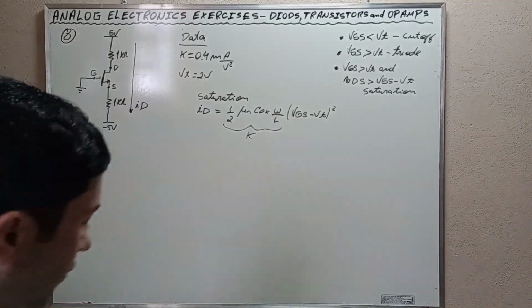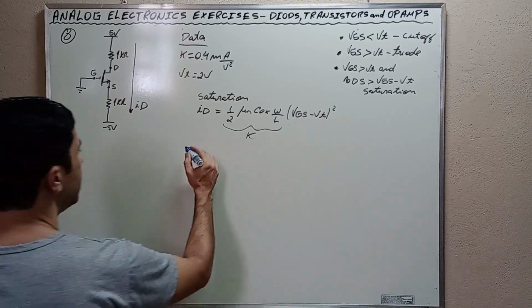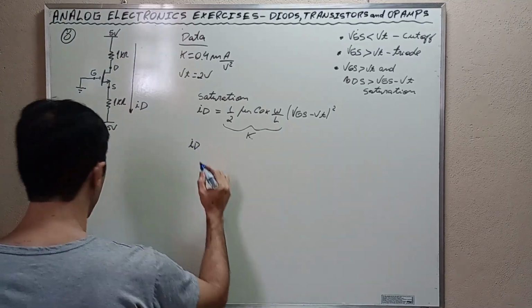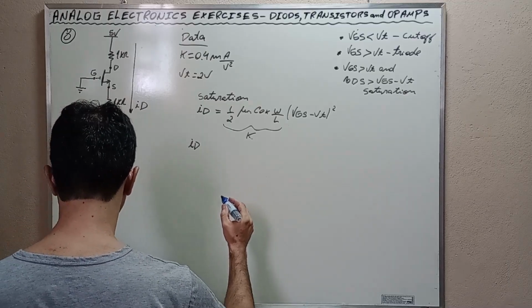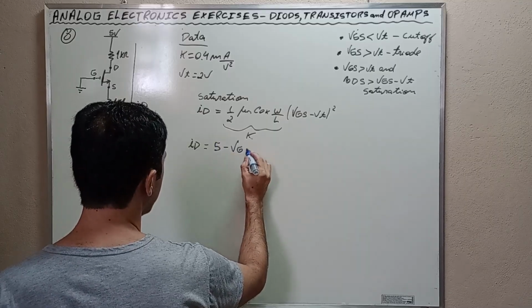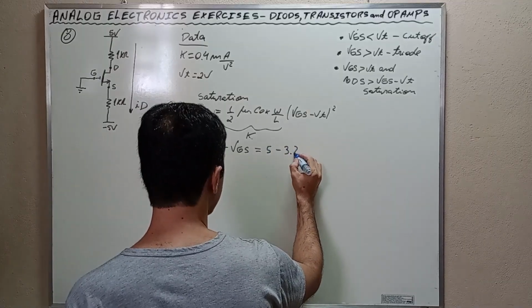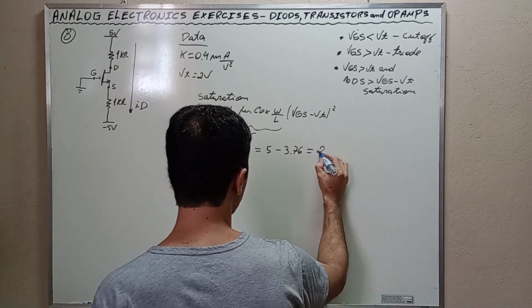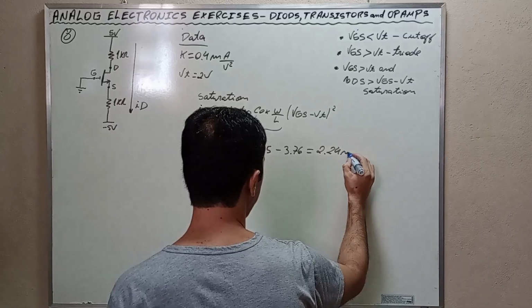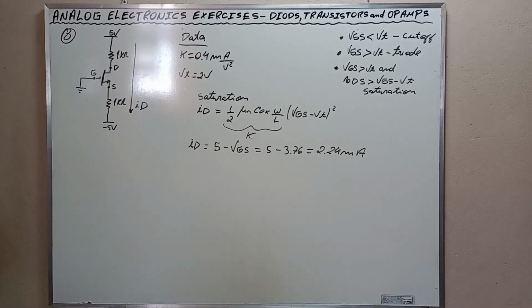Now that we've established that VGS has to be 3.76, returning to the equation of ID, we find that ID is equal to 5 minus VGS, which is equal to 5 minus 3.76, which is equal to 2.24 milliamps.